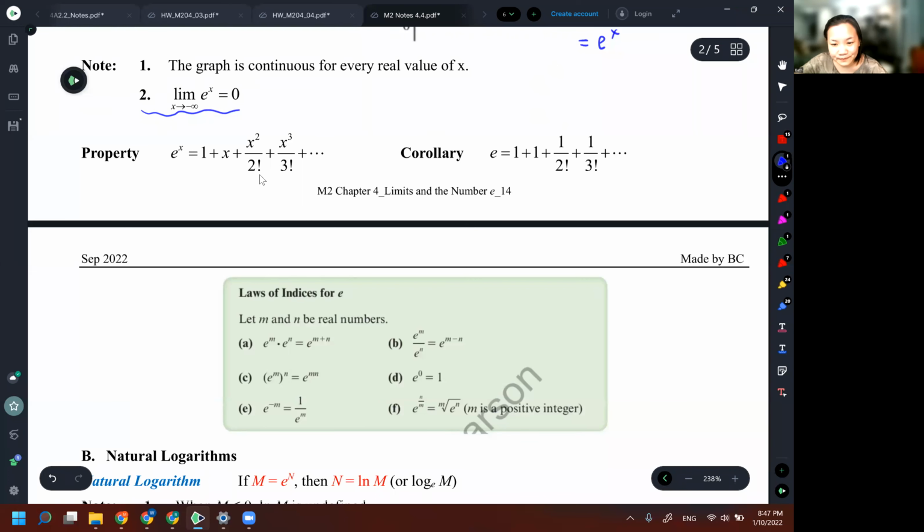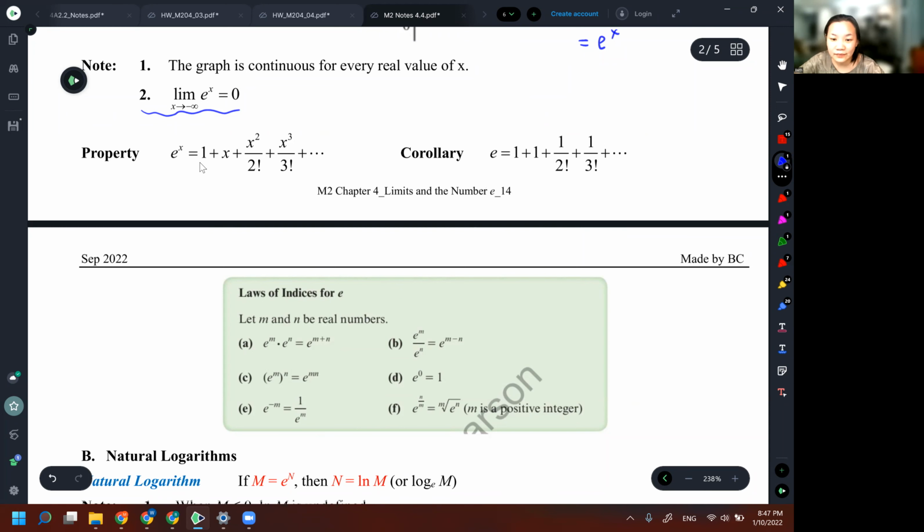The property. Now, this property, I would ask you, if you can, to memorize it and remember it so you can just write it. But you may say, oh, this is too hard for me. How do I know they're equal? First of all, on the right-hand side, the pattern is very clear.